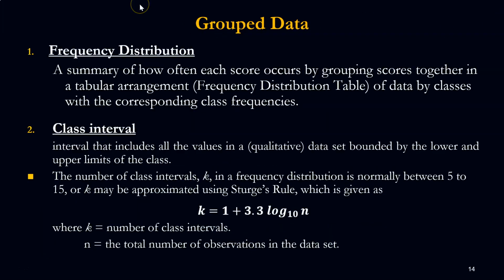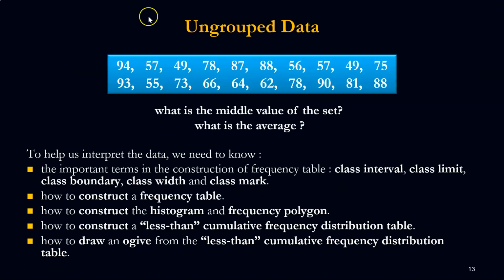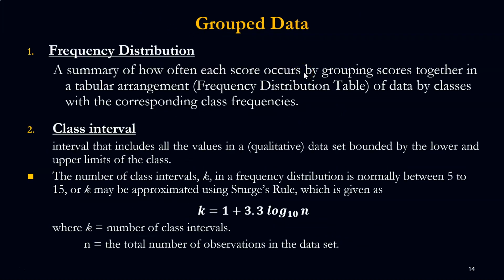Okay, so this one is for group data. This is actually for ungroup, and you want to make it group data. So you will have a frequency distribution, taburan kekerapan. So in summary, what is frequency distribution?